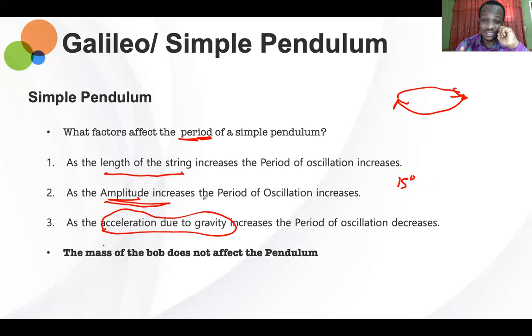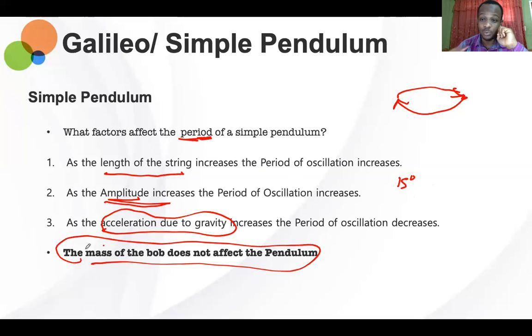The final thing is that the mass does not affect the period of the pendulum. So the mass of the bob does not affect the period of the pendulum. It has no effect on it, and we'll do experiments to prove that right now. That's how we're going to try and end the class today.